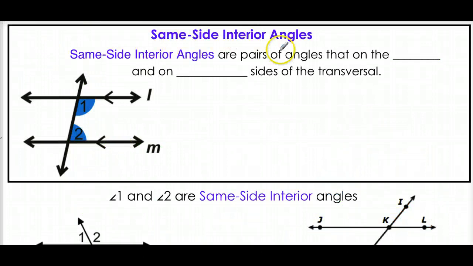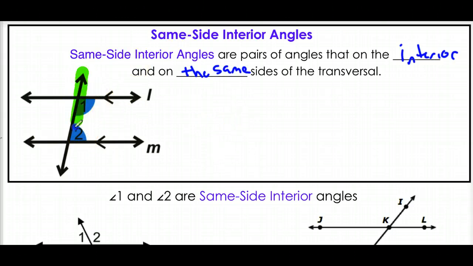All right, same side interior angles. I hope from the name you can guess this one, but let's try it. Same side interior angles are pairs of angles that are on the interior and on the same side of the transversal. Just to quickly go over this, here's our transversal. Here's our interior.